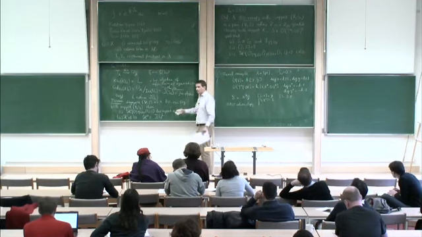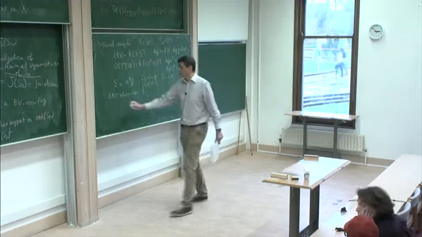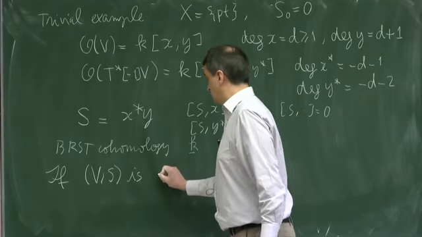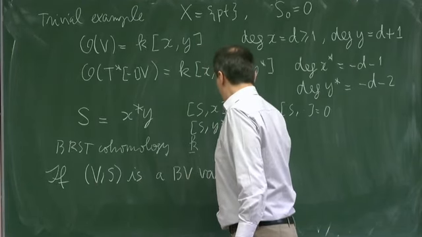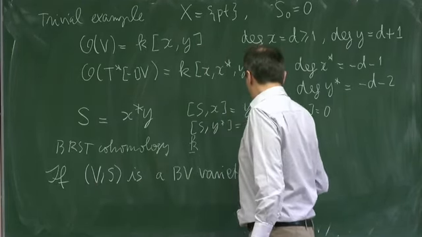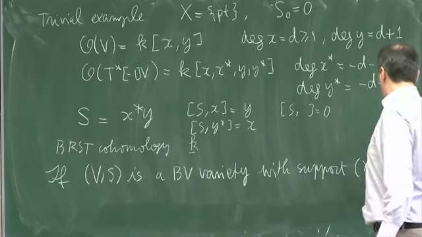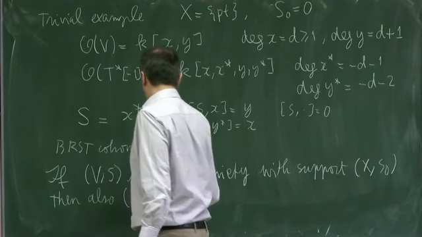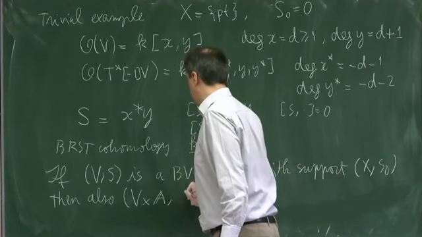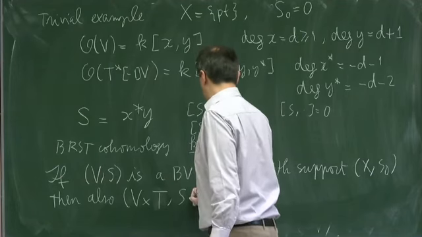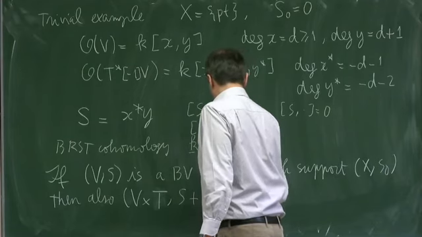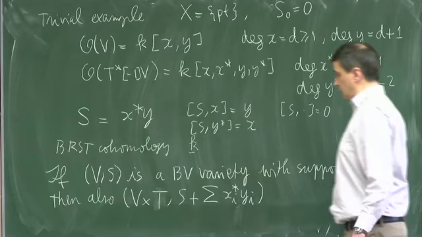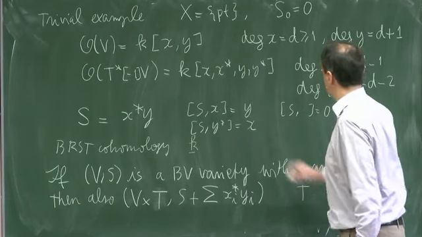So suppose you have a BV variety V, S, then also V times some affine space, maybe T like trivial, so you can add some stupid factor T. T is an affine space, Spec of this.